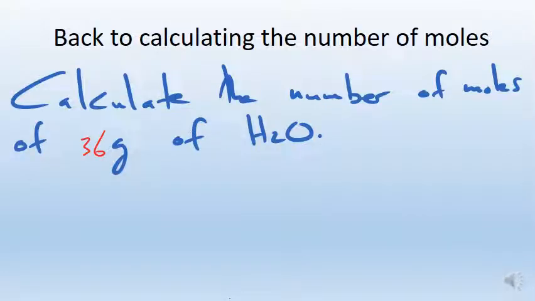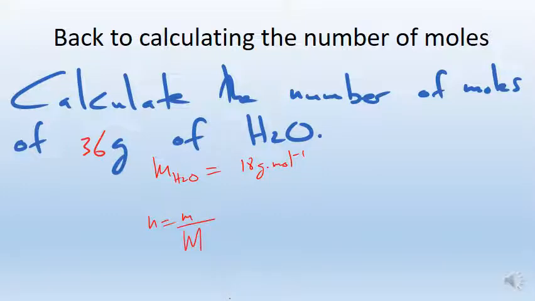If you read this, just calculating the number of moles. So calculate the number of moles of 36 grams of water. So you recall very quickly, and I think this is important to store in your memory, the molecular mass of water was 18 grams per mole. The formula for calculating the number of moles is mass over the molecular mass.